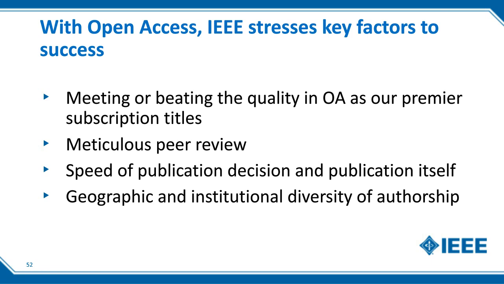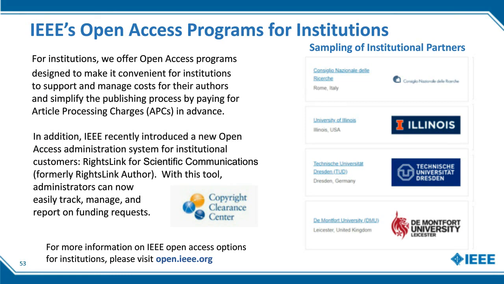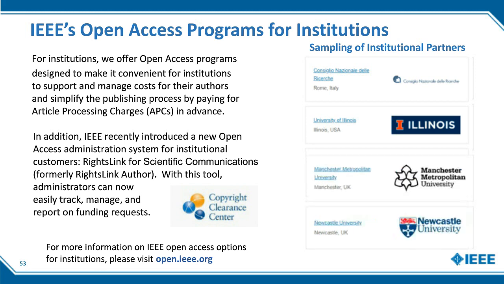We have an open access program for institutions itself. You may want to actually check to see whether your particular university might have an institutional open access agreement with IEEE. And as you could see, we have several institutions that do this.